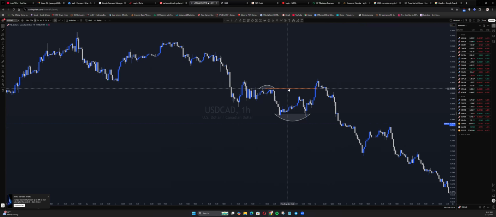So the best one to take would be the sells. The market gave you this low, swung to the upside. This was the swing here. Swung to the upside here. Hold on. Yeah, swung to the upside here.